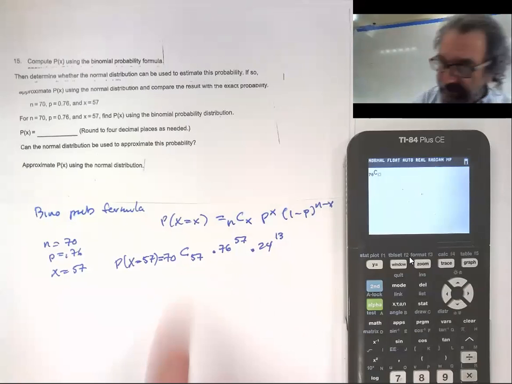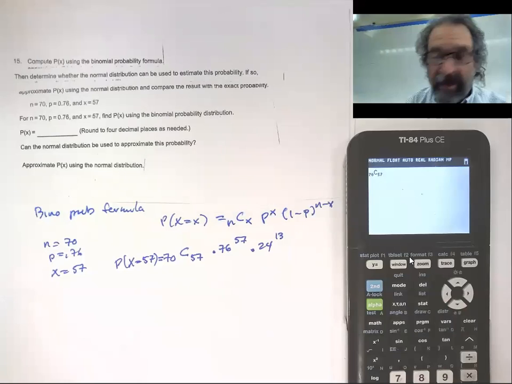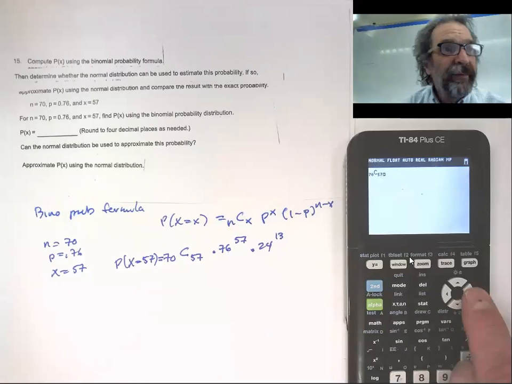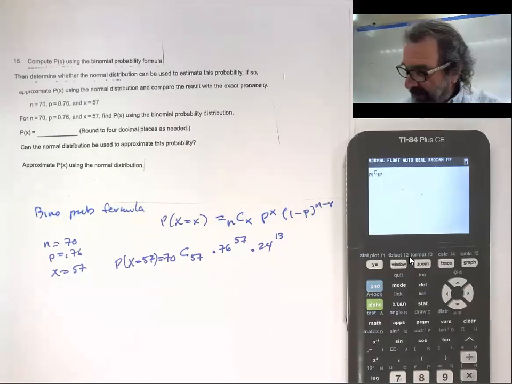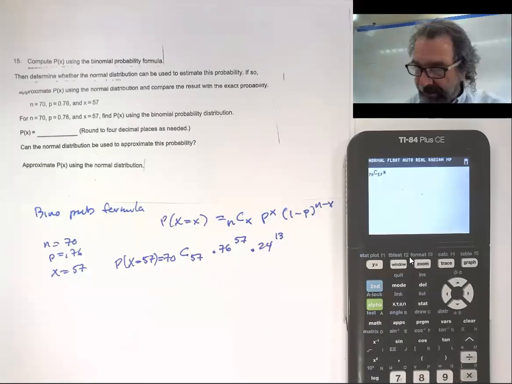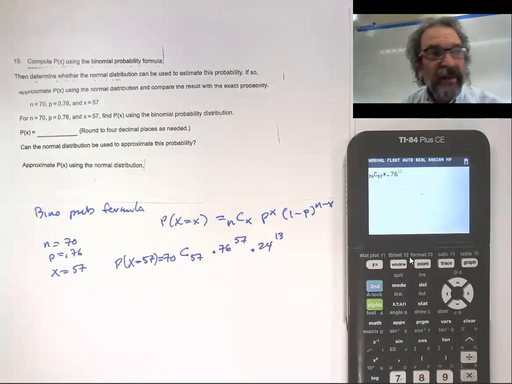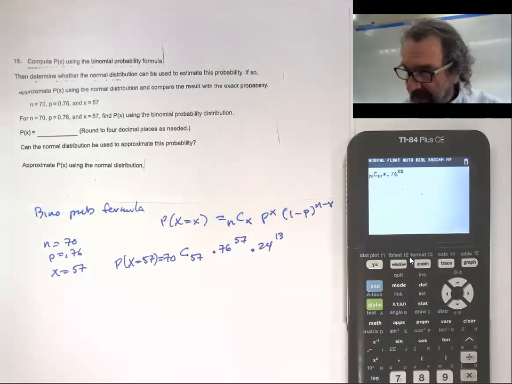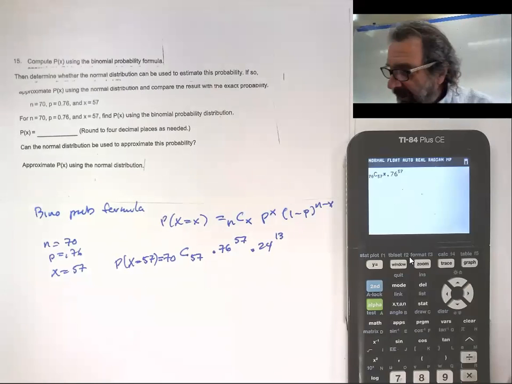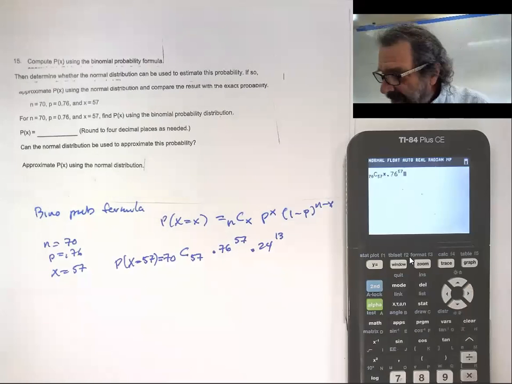We're going to put 57 there. And then we're going to push over to get out of there. Then we're going to multiply. I always type times, so I'm making sure I'm not way down there. And P is 0.76. We raise it to the 57. 57 is what X is, okay. And then we come over and we multiply that by 0.24 to the 13th.